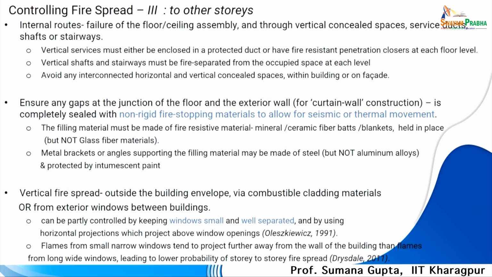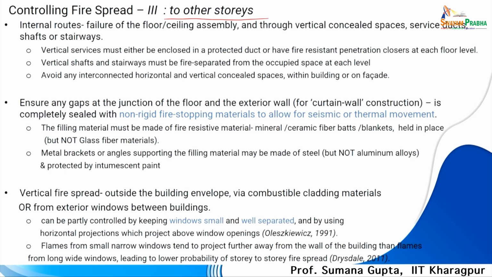So, controlling fire spread was all related to the rooms or the compartment. Now, it is controlling fire spread to other stories. The earlier was on the horizontal level, that is room to room, then room to corridor or the adjacent room. Now, it is the fire spread to the other stories, that means fire is moving vertically.